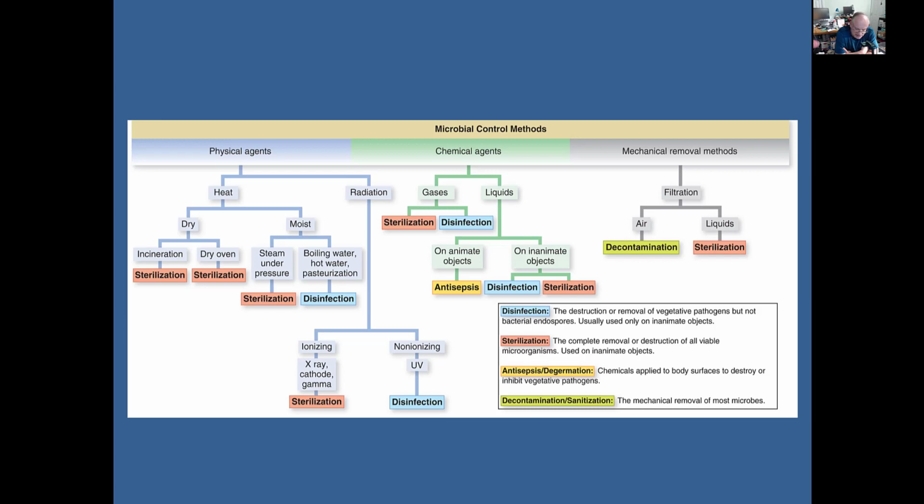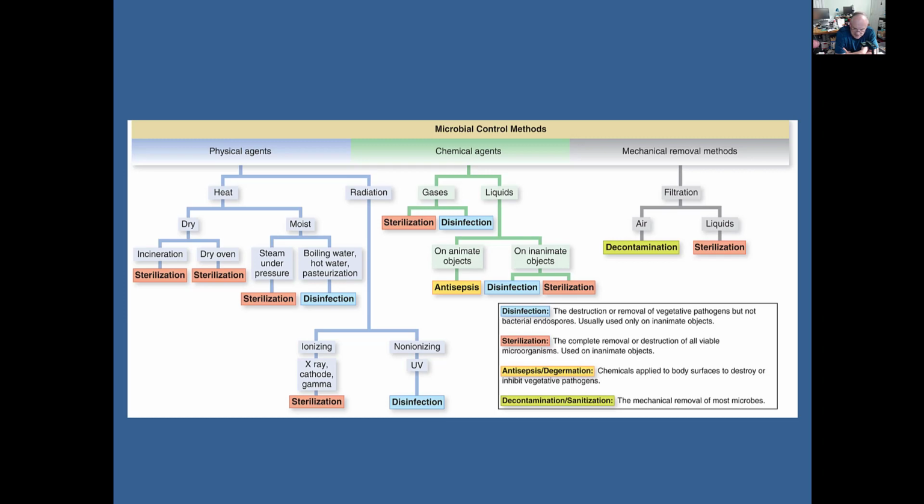Radiation is usually used for plastic type of devices or devices that cannot be heated or exposed to moisture, and so they'll use gamma radiation typically for these. A lot of times they'll use that for medical devices like heart implants or valves and various things like that to guarantee that they're sterile.